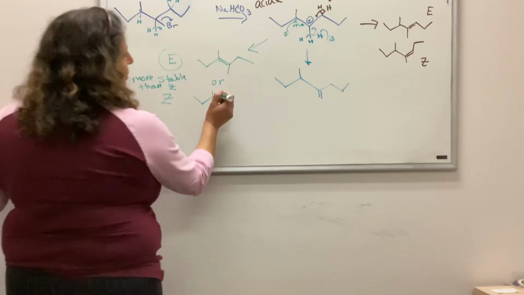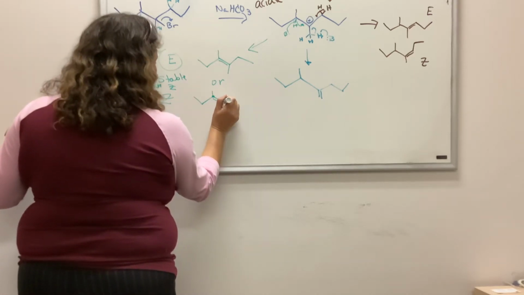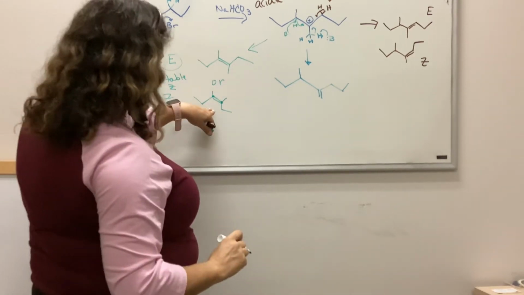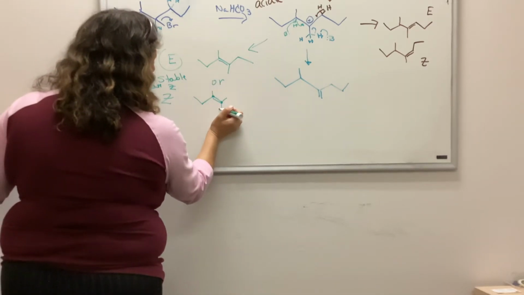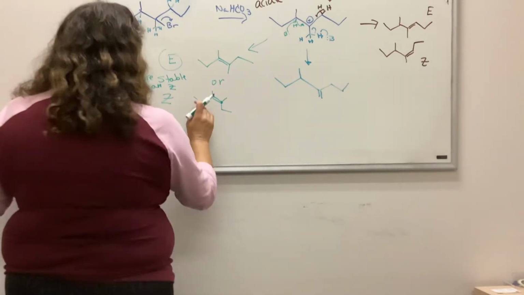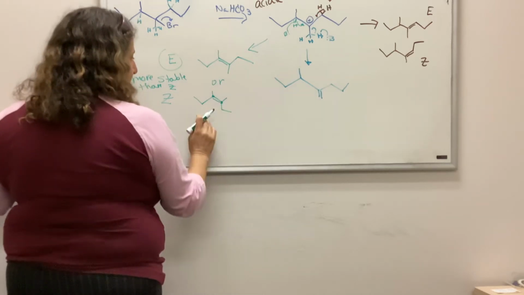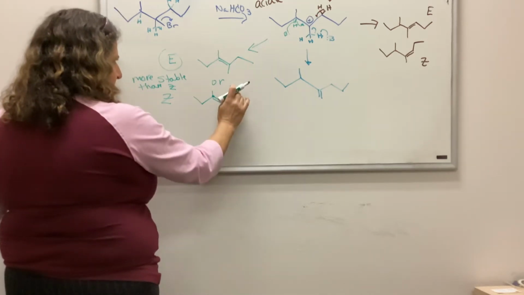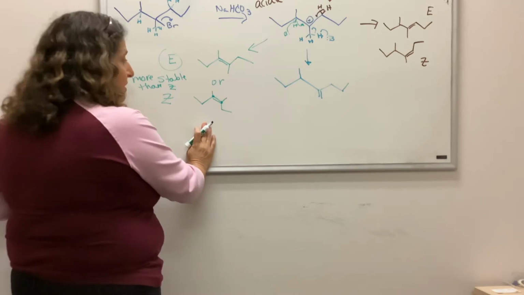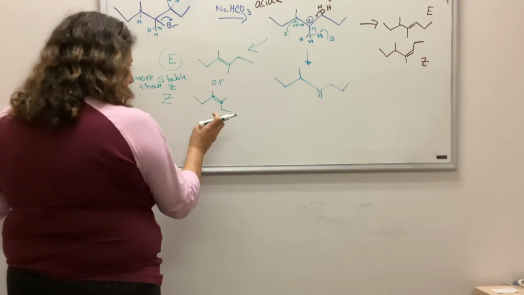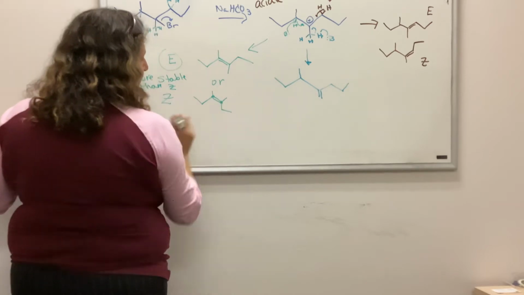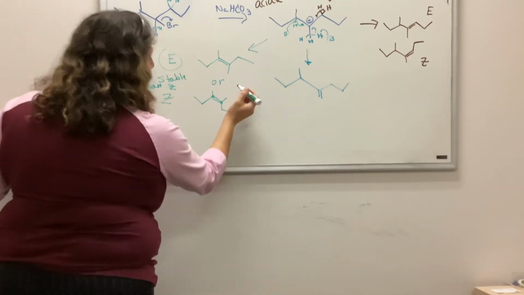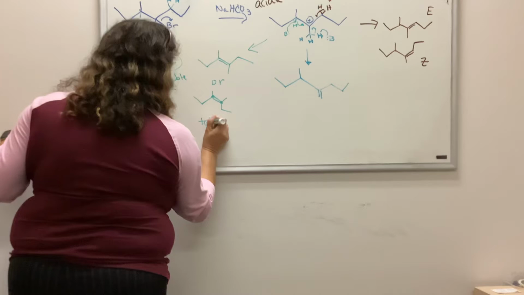So if I look across the double bond, I have 4 different carbons attached to each of these sp2 carbons. So if I look at the 2 carbons in the double bond, I call this tetrasubstituted.